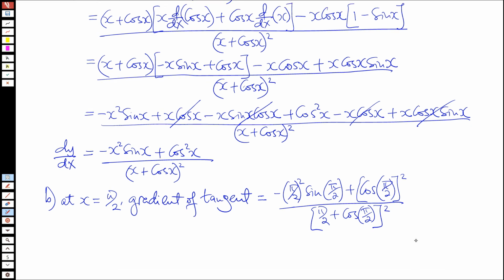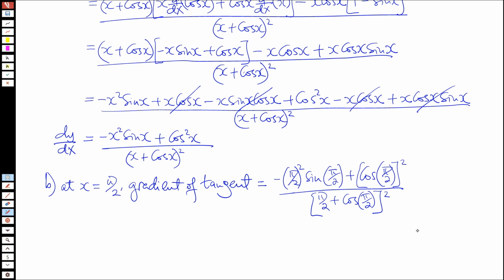Now, one thing you have to note here is that sine pi over 2, which is the same as sine 90, is 1, and cos pi over 2 is the same as cos 90. Cos 90 is 0.